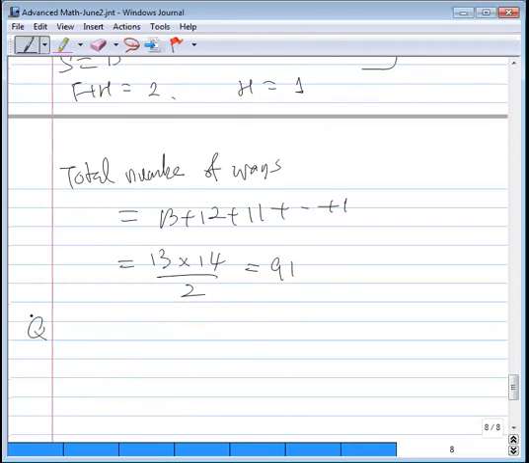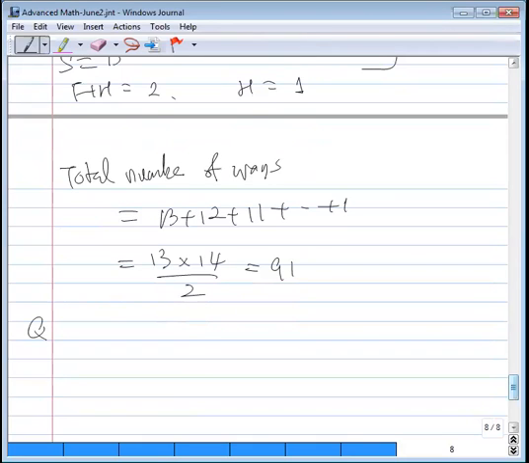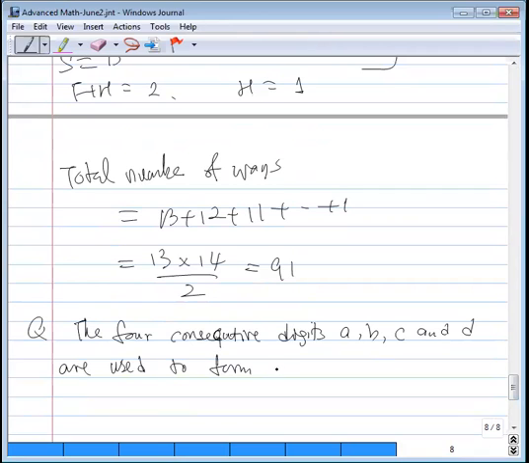Another question is also number theory. We have 4 consecutive digits A, B, C, and D used to form the 4-digit numbers ABCD and DCBA.